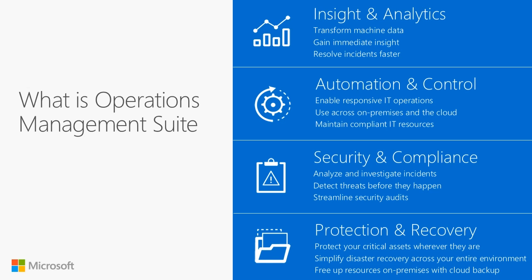You also get security and compliance, respond faster to security threats, identify emerging threats to protect your critical data and workloads. And you also get protection and recovery, ensure availability of your apps and data. It's simple, automated data protection and disaster recovery in the cloud. So those are the 4 value props of OMS, but this presentation focuses on the first one, Insight and Analytics.